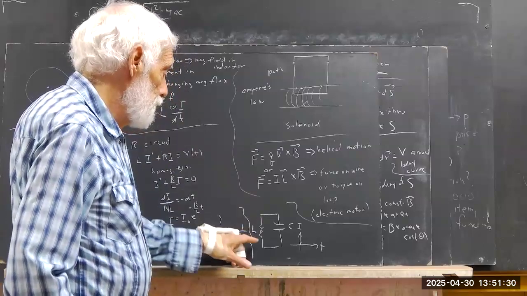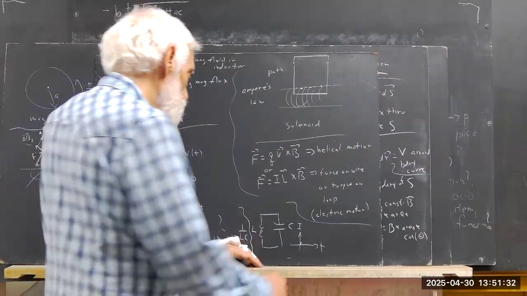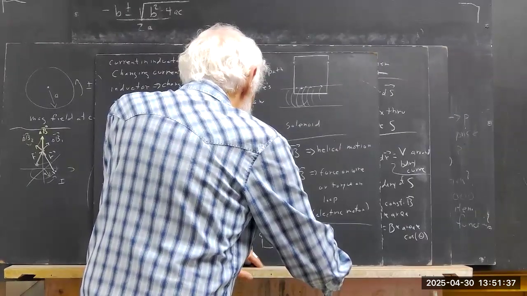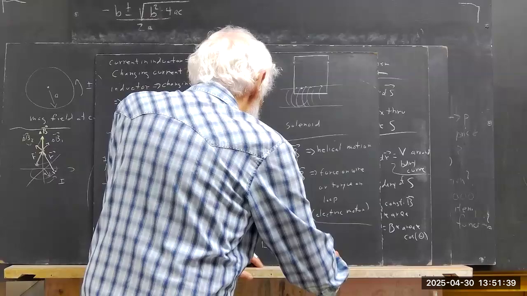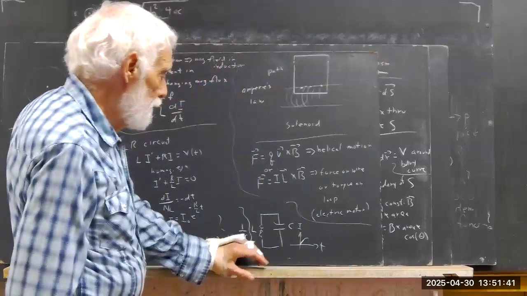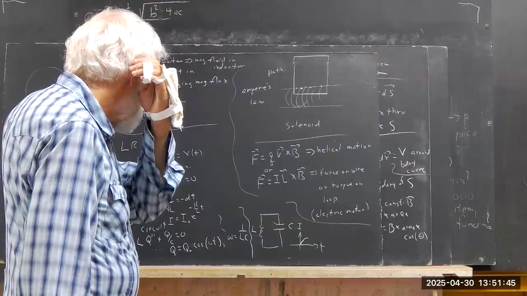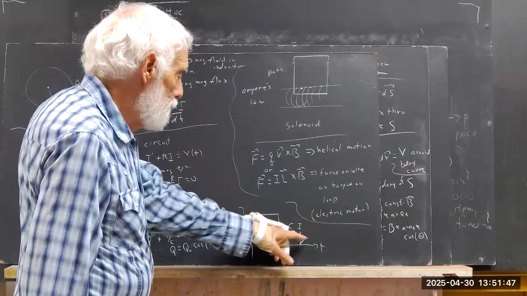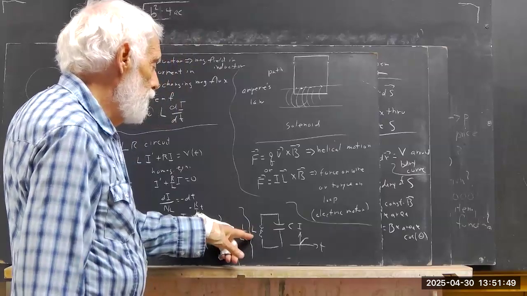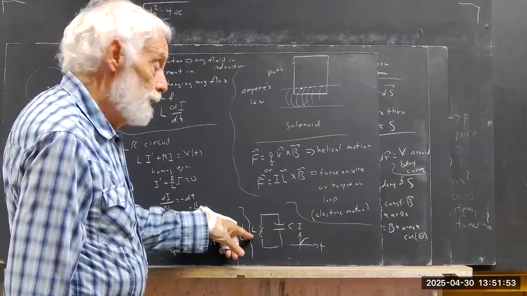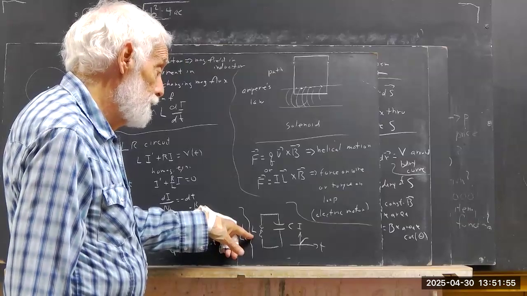There's going to be a significant voltage resisting this. So it's going to increase less and less rapidly. And now when you get to this point, there's no change in the current, so you get no back EMF.